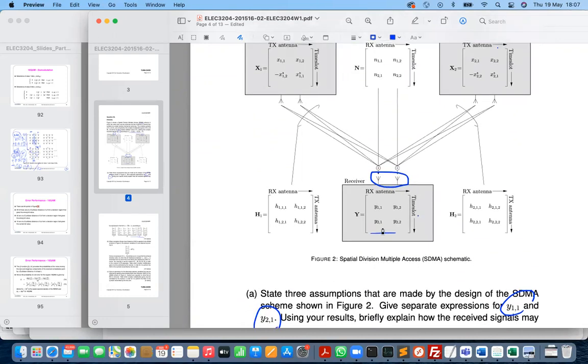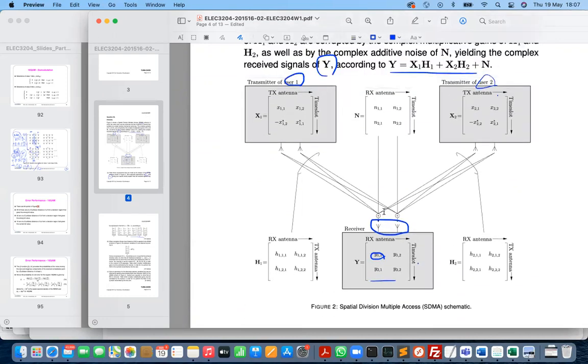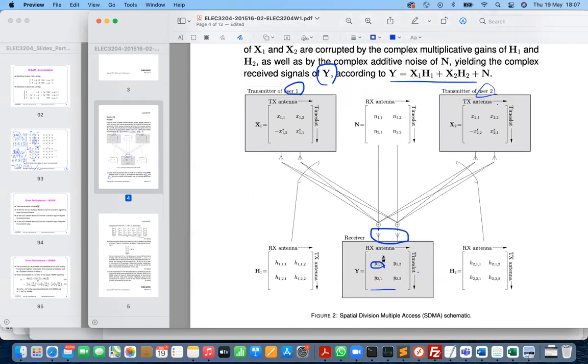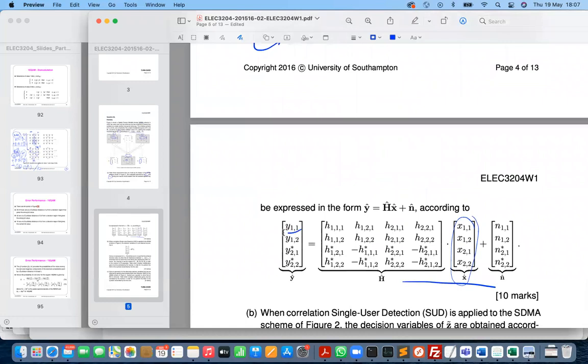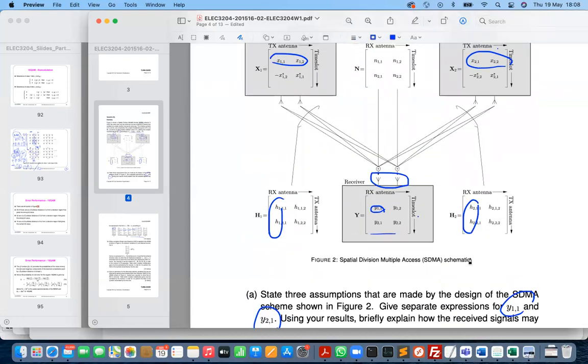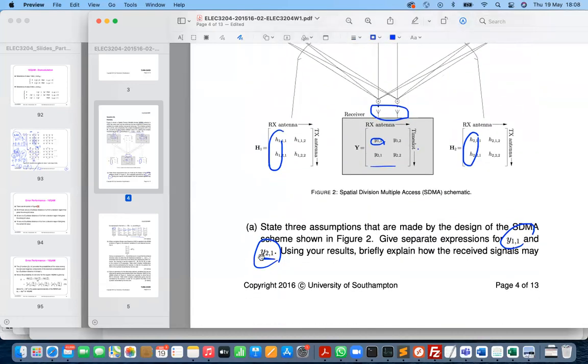If we look at y11, based on this model, it is the first row of x1 multiply the first column of h1, and then plus the first row of x1 multiply the first column of h2. You can check that if you want to get y11, it is the first row multiply the column vector, so you should get the same result. And then y21 is slightly different.